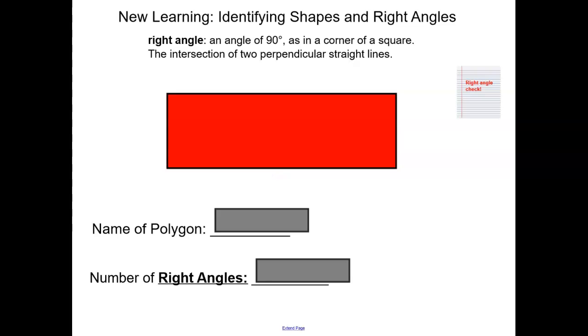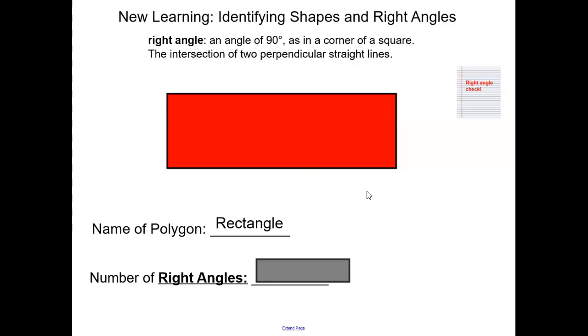I'm going to let you try one. Would you determine the name of this polygon and also determine the number of right angles it has? You're exactly right. This polygon is a rectangle. We know it's a 4-sided shape. How many right angles does a rectangle have?